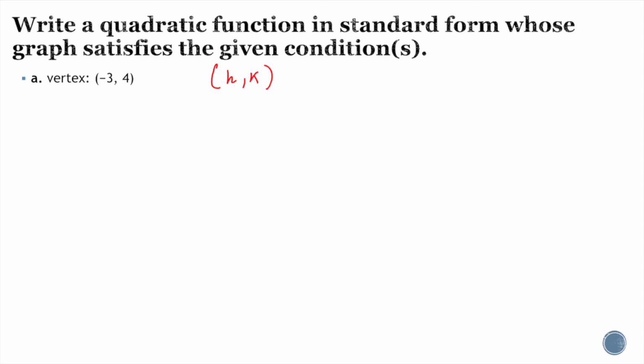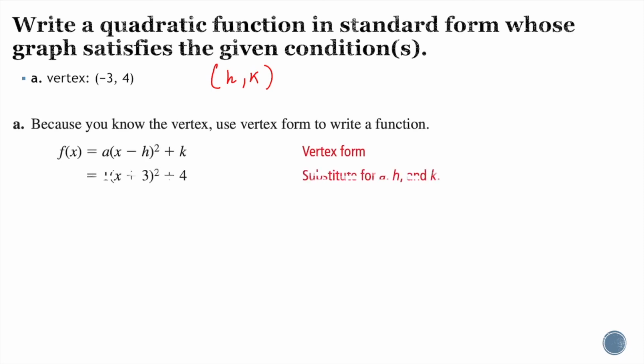That means that I'm going to substitute the values of h and k. Because this is a negative h, and I'm substituting a -3, that will result in a +3, and +4 for k.